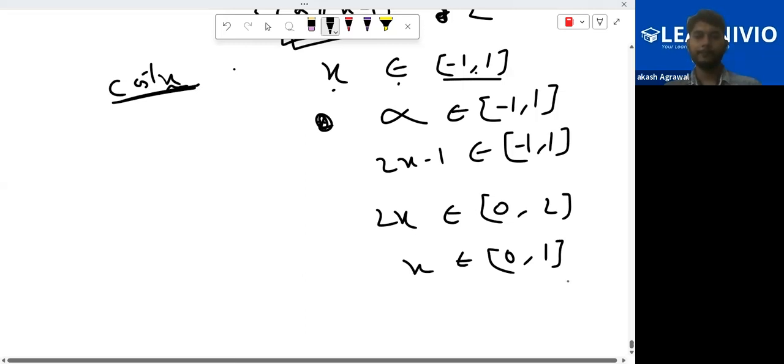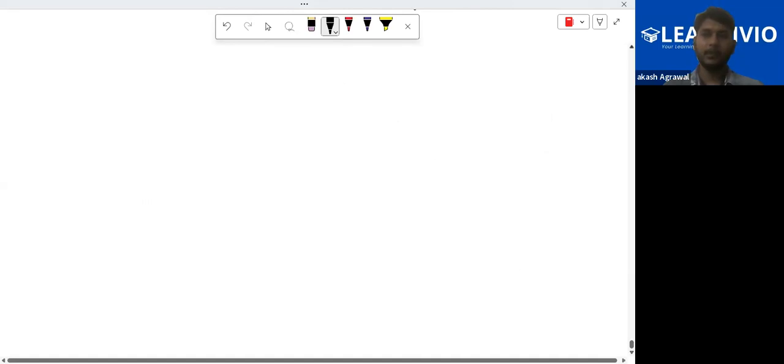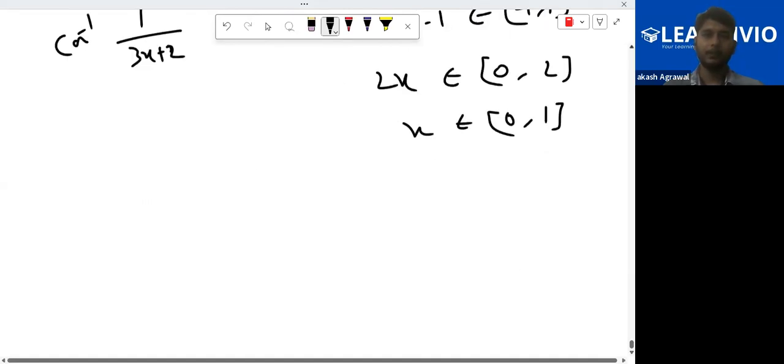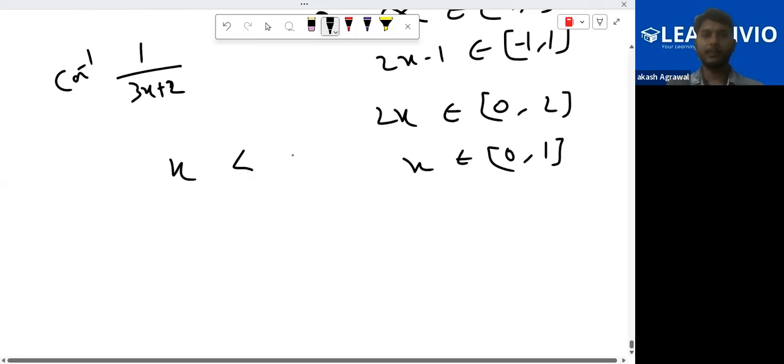But what if the number inside is like 1 by 3x plus 2, cos inverse? Same thing. Now, if you remember solving inequalities, then you can put it like this. X should be less than or equal to 1 and greater than or equal to minus 1. So you can write 1 upon 3x plus 2 less than or equal to 1 and greater than or equal to minus 1.